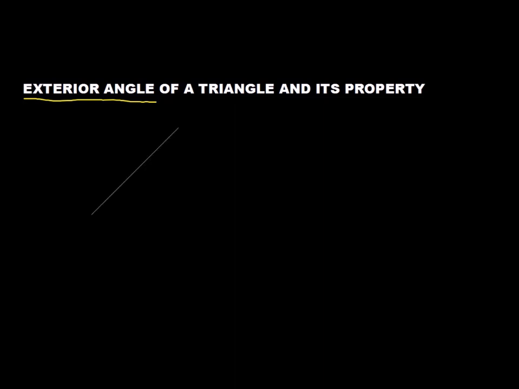Suppose that I take a triangle, say PQR. Now, if I extend any of the three sides of this triangle, like suppose here I extend this side QR, then I will be getting an exterior angle.